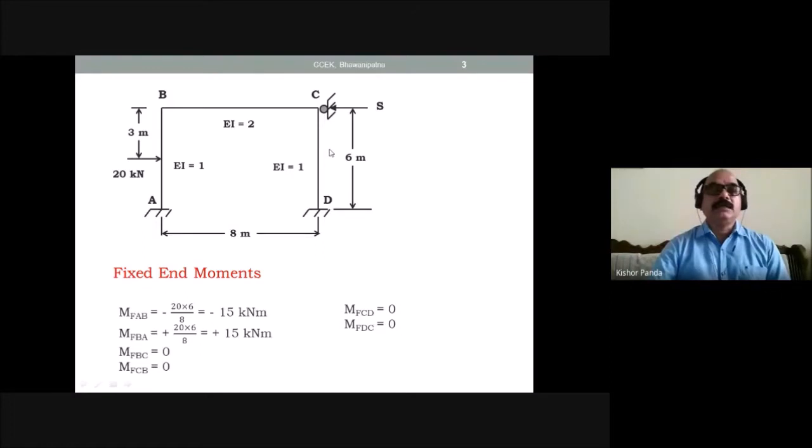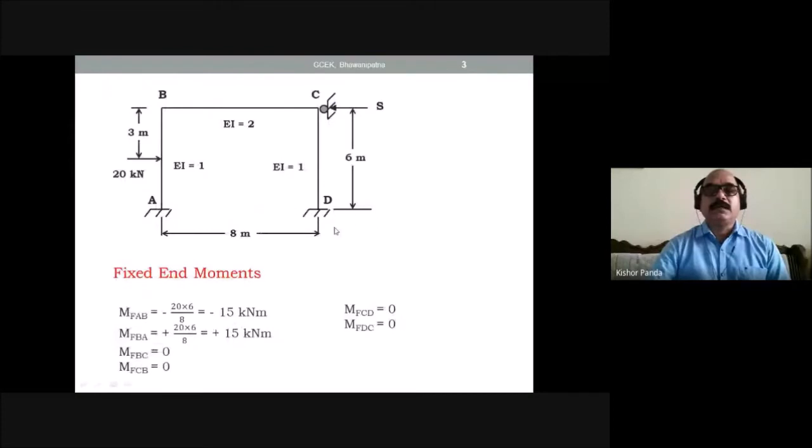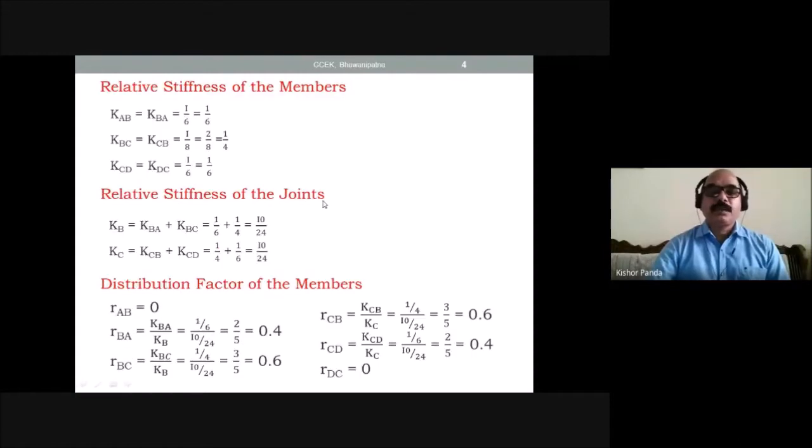KCD is 1/6 and KC is 10/24, so the ratio is 2/5, which is 0.4. And once again, D end is fixed, so the distribution factor RDC is equal to 0. So this is the distribution factor of the members.